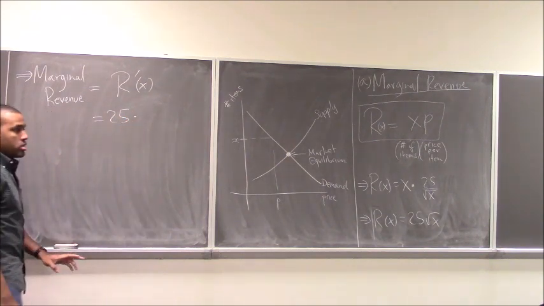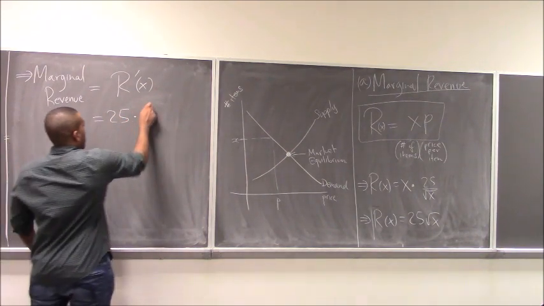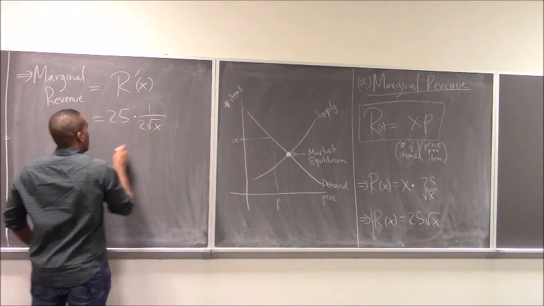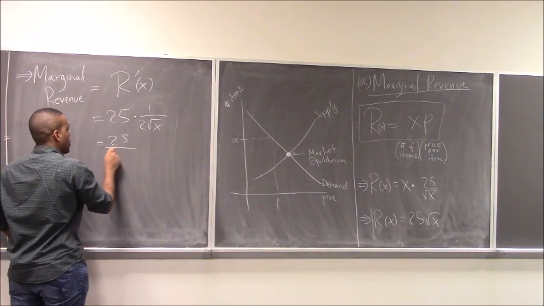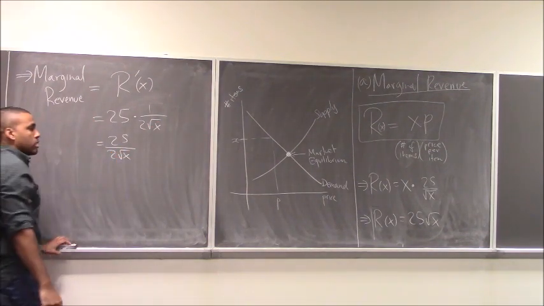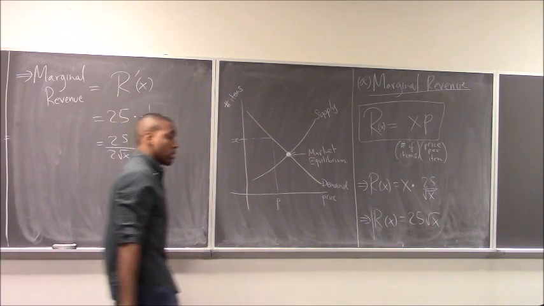Derivative of radical X is 1 over 2 radical X. And so this is 25 over 2 radical X. That's our marginal revenue.